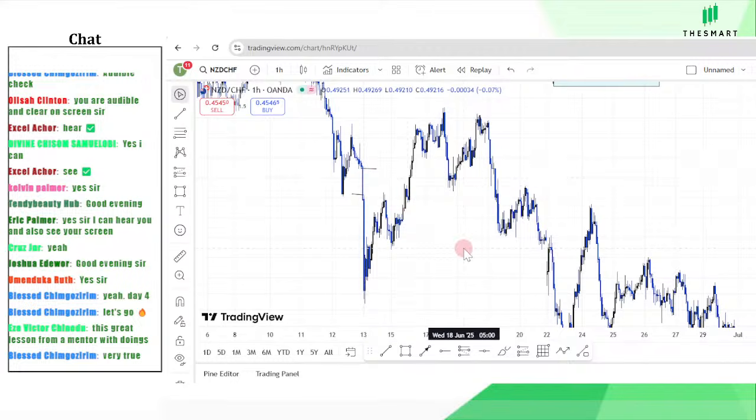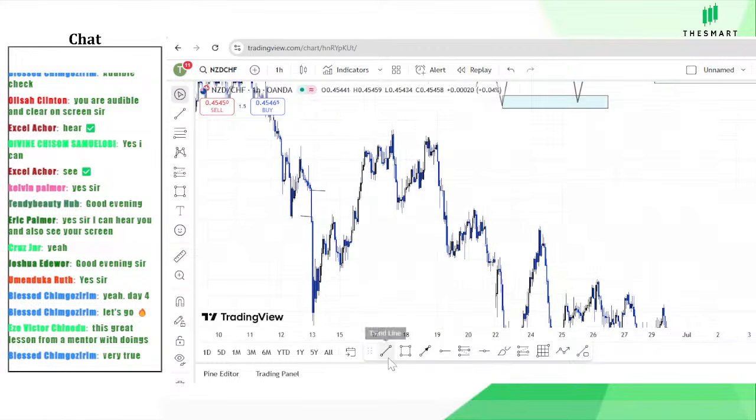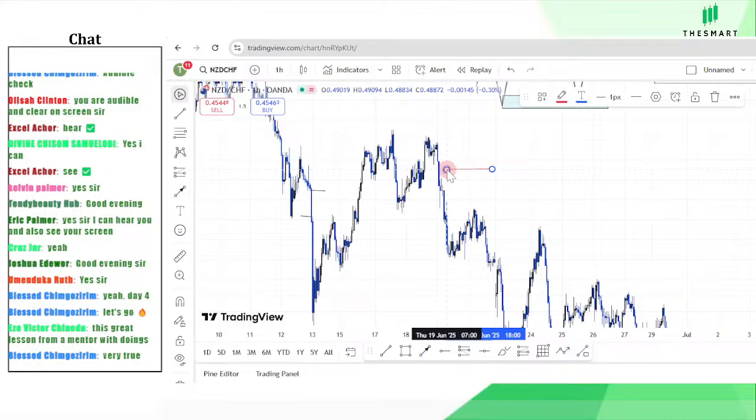Now let me show you another one. If you look at this point, this is also our fair value gap, and it is formed between three successive candlesticks.